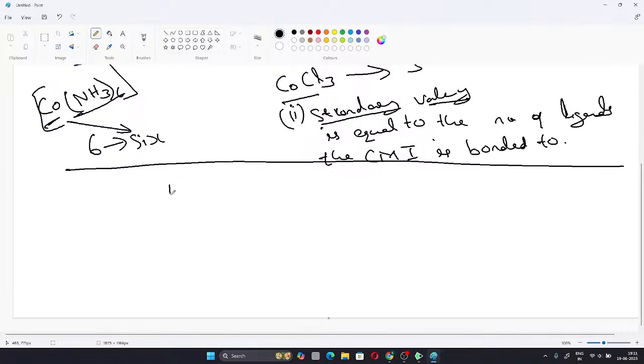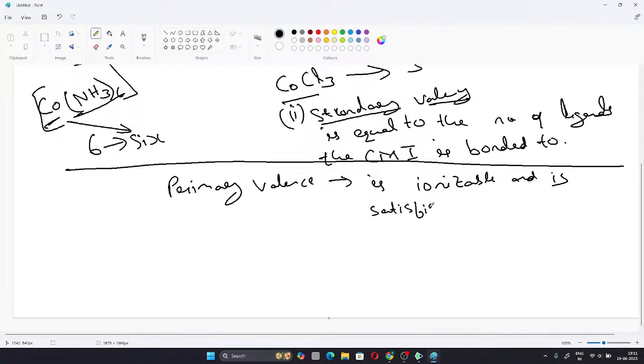The primary valence is ionizable and is satisfied by negative ions.